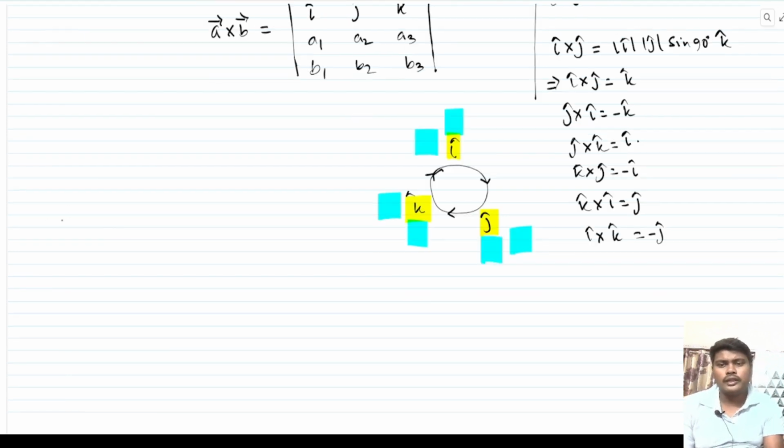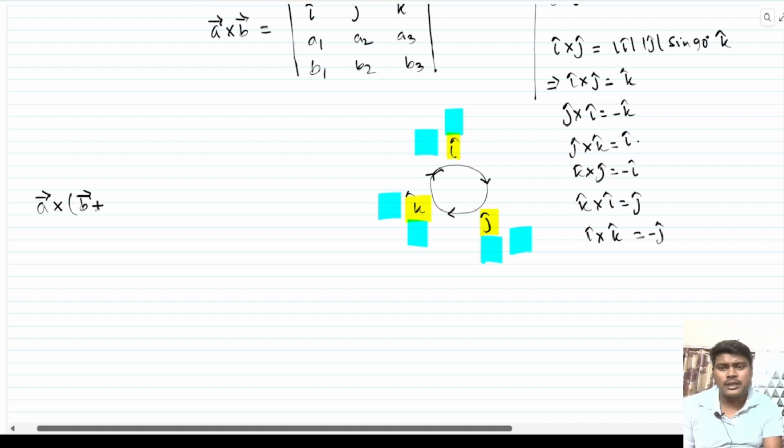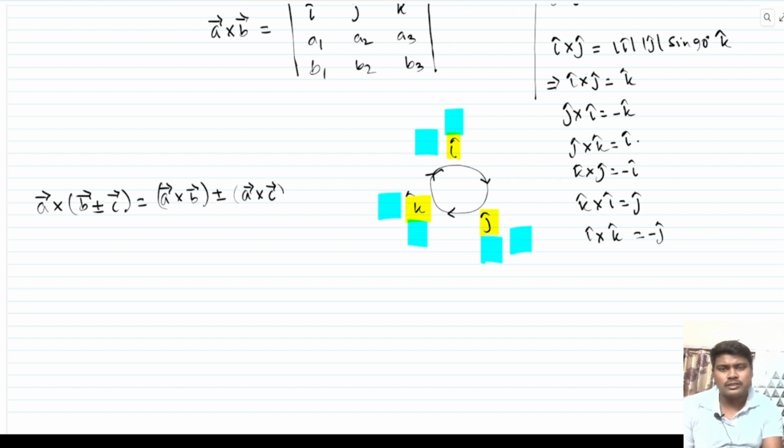Now for any three vectors, a vector, b vector, and c vector, a cross b plus or minus c vector is equal to a cross b vector plus or minus a cross c vector. So it is actually called the left distribution law.